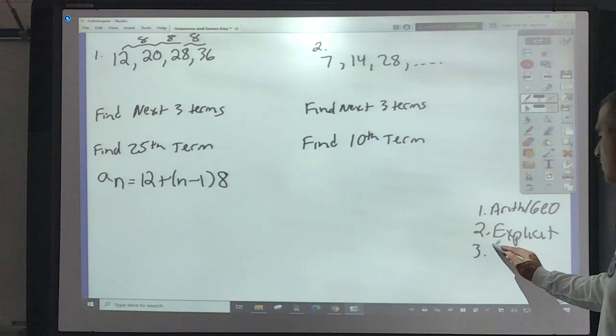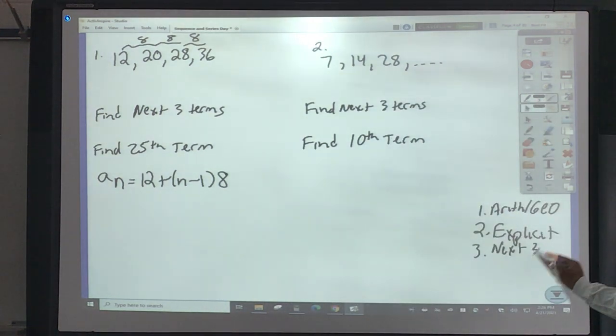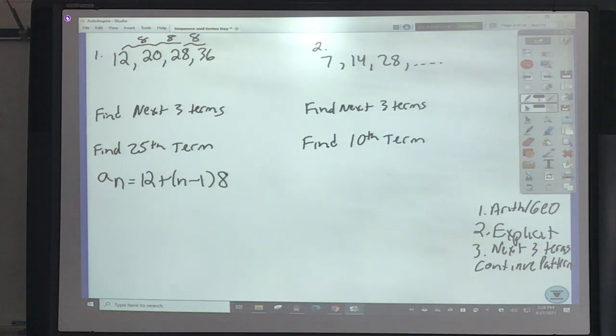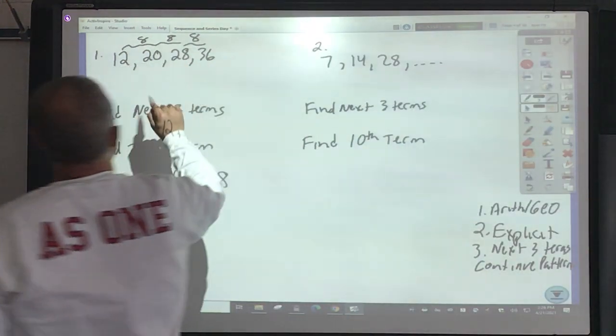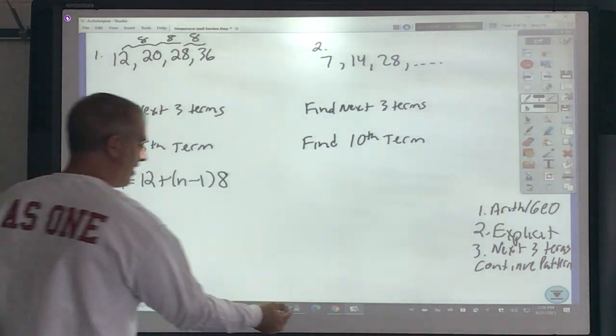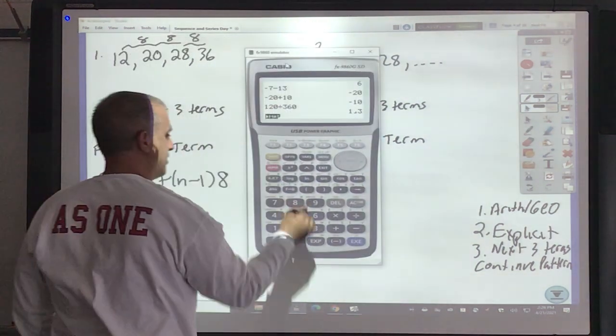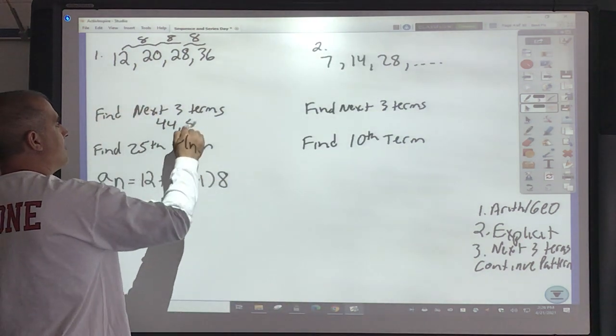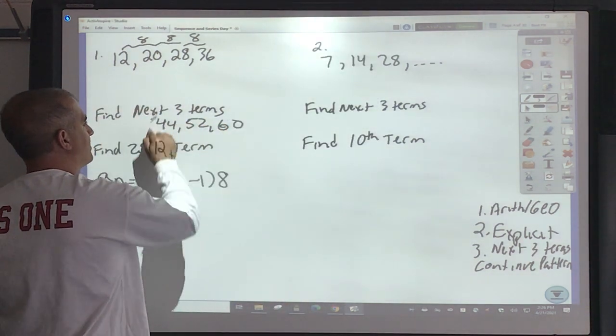For the next 3 terms, just continue your pattern. What's my pattern? It's adding 8. So 36 plus 8, next one is 44. Adding 8 would be 52, adding 8 would be 60.